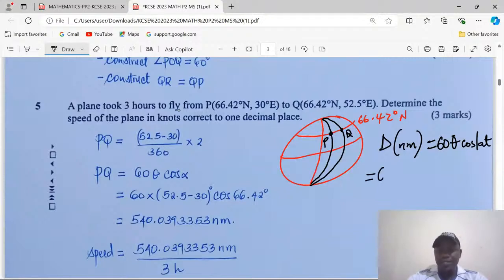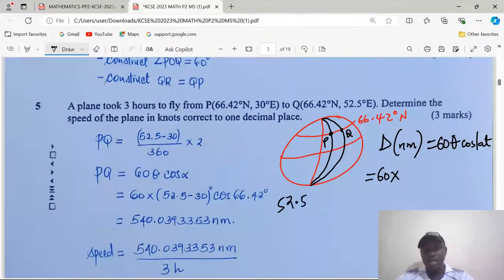So we can say 60 times the longitude difference. When we are moving from 30 degrees east towards 52.5 degrees, still in the east, then we need to take the difference between the two because they are both on the same side of the prime meridian. It means the angle difference should be the difference, and this will give us 22.5.